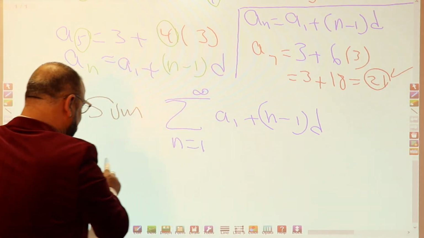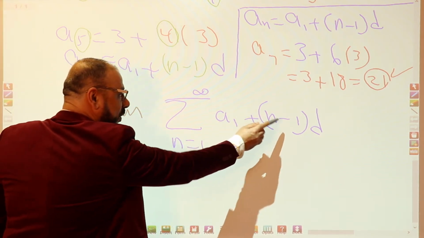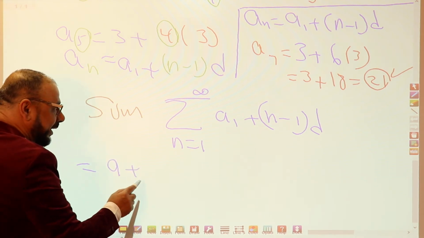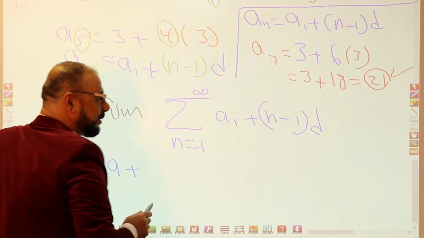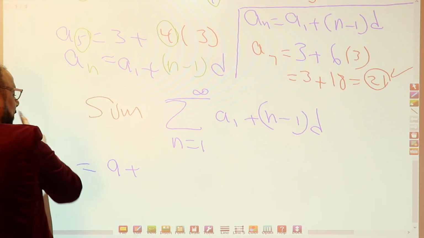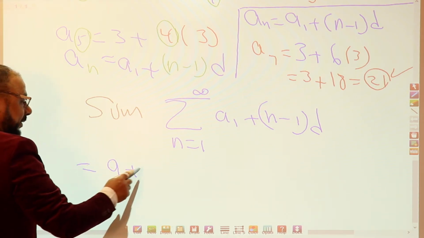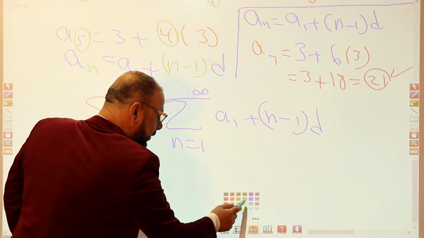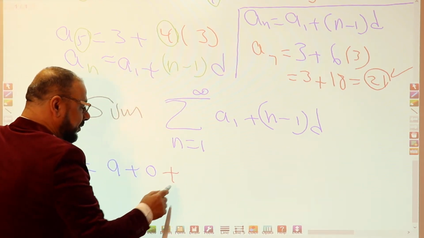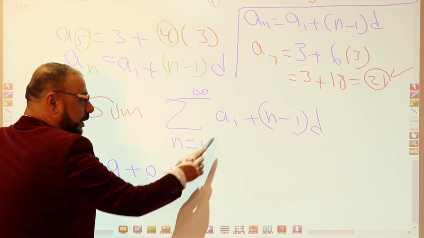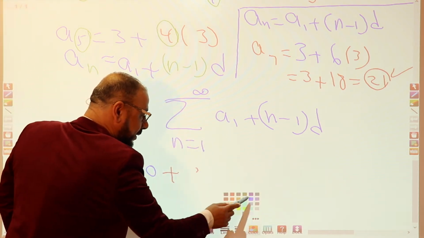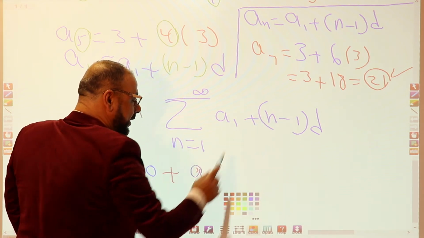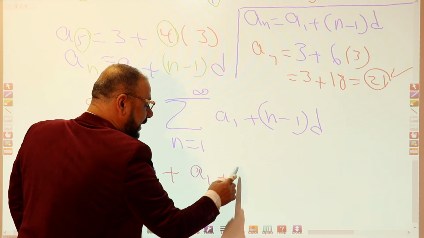What I mean by this, look here. You start with n equals 1. Plug n equals 1 here. What are we going to have? I'm going to do the first one: 1 minus 1 is 0, so this is a_1. For the second term, we have n equals 2. a_1 stays a_1, and 2 minus 1 is 1, plus 1 times d.